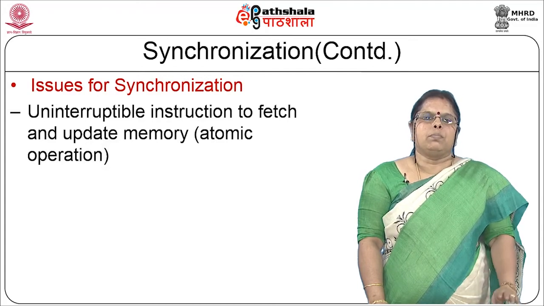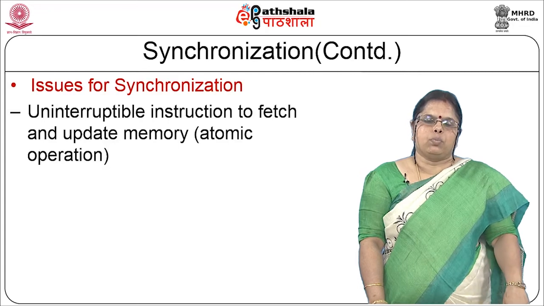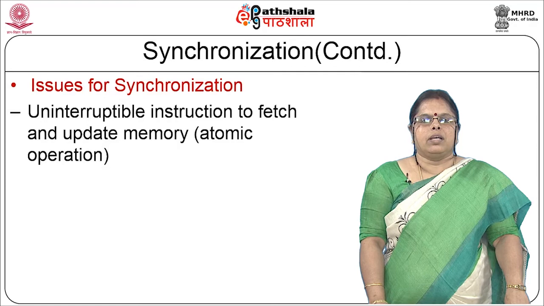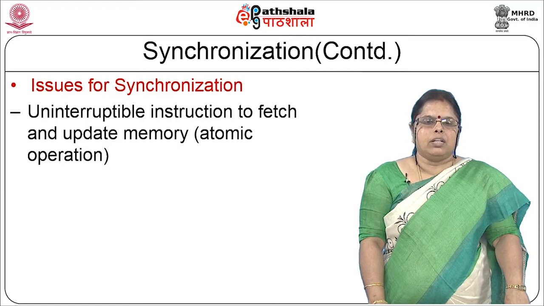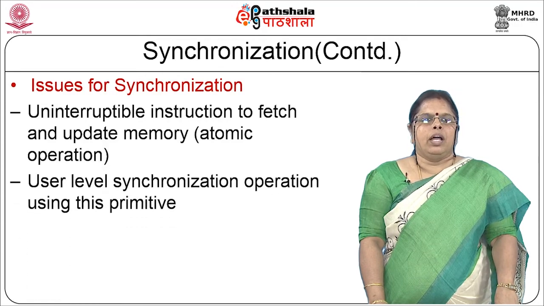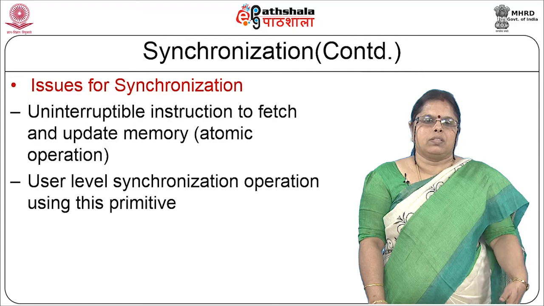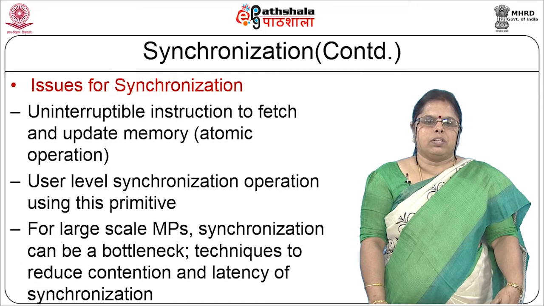One of the basic primitives that any hardware has to provide in order to build synchronization routines is an uninterruptible instruction, or an atomic instruction, which will fetch and update a memory location's contents. And using this atomic instruction of exchanging the contents of a memory location and a register, you can try to build primitive synchronization operations.